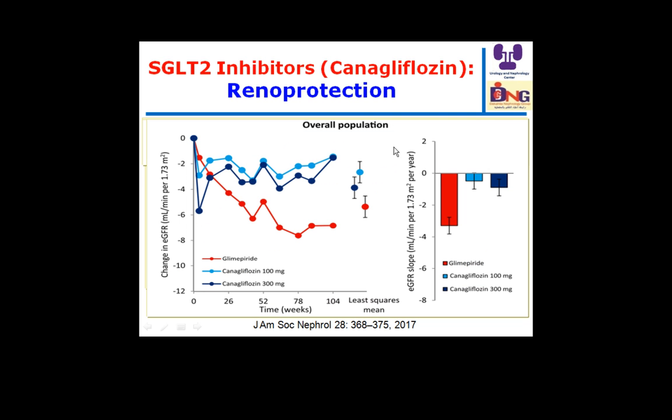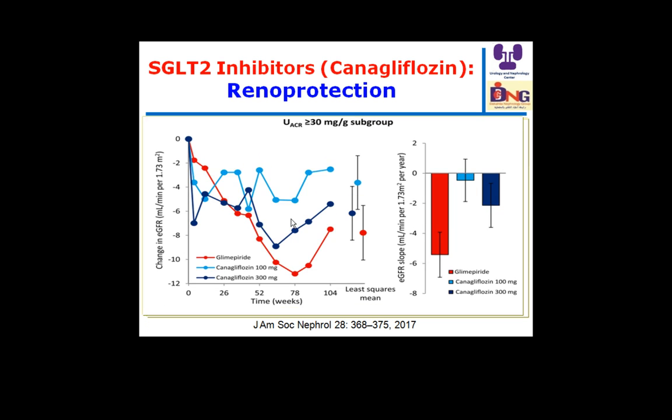If you look here, the use of either 100 milligram or 300 milligram canagliflozin is associated with preservation of GFR in comparison to glimepiride. So this means that for the overall population, the GFR is preserved with canagliflozin. And here, for patients with urinary albumin creatinine ratio exceeding 30 milligram per gram, the GFR is also preserved with canagliflozin in comparison to glimepiride.